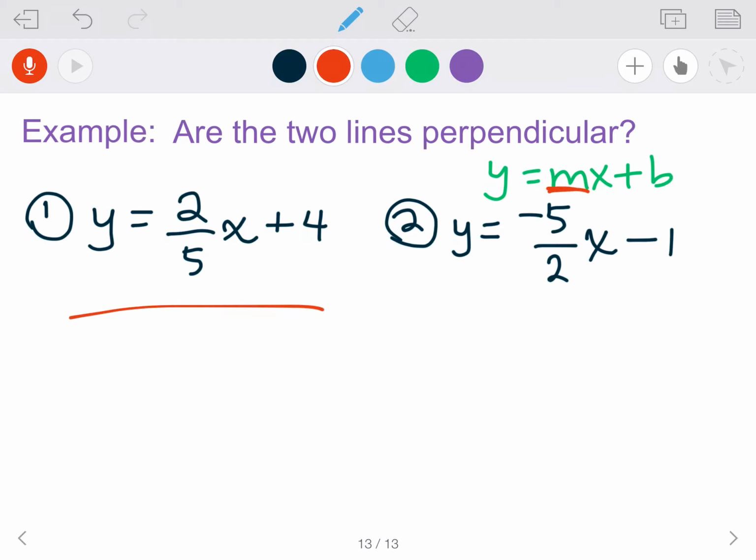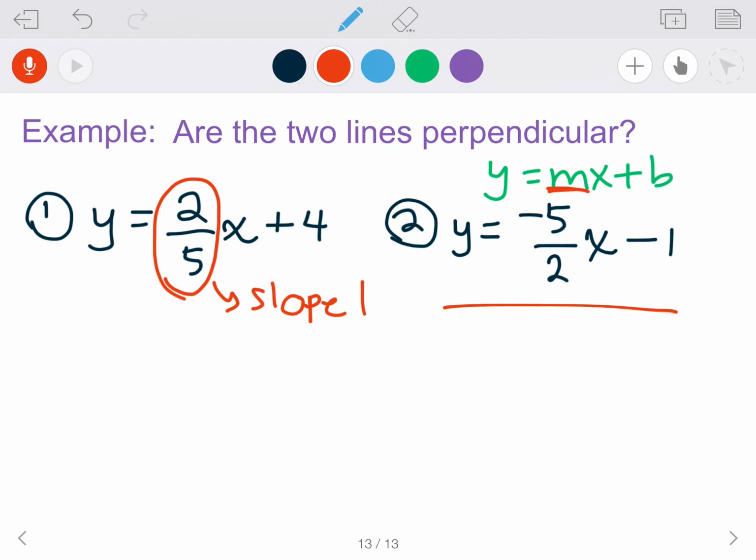So in equation 1, the slope is 2/5. I'll call that slope 1. And in equation 2, the slope is -5/2. I'll call that slope 2.